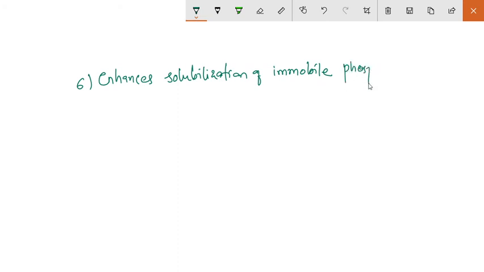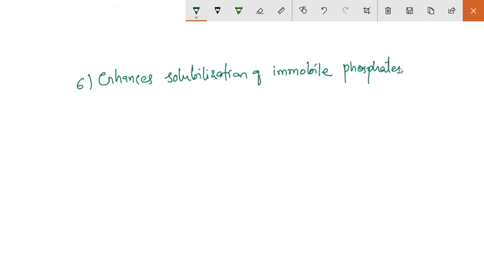Okay. Then another use, the sixth important, it enhances solubilization of immobile phosphates.